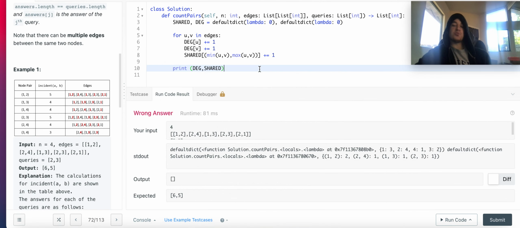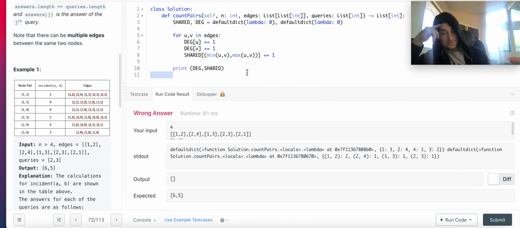Now, to solve this problem, there's a very intuitive, easy solution, which takes, what would be the runtime? It would take n squared time, where n is the number of vertices. Because what you could do is look at the incidence between each vertex.